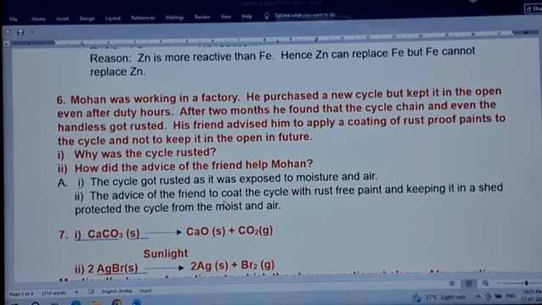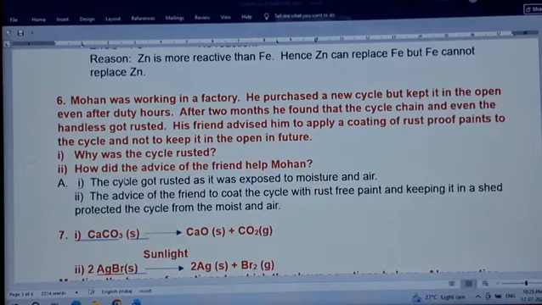As the rust formation is taking place, within a very few hours or few days span of time, the iron gets rusted and it gets broken. That hardness of the metal completely goes away because of rusting.